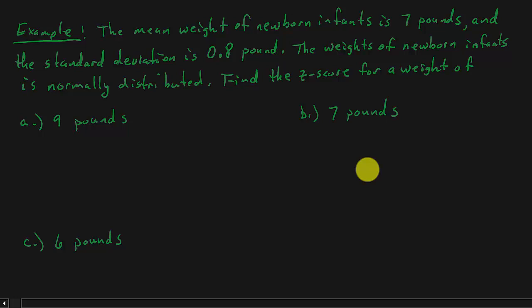That's all, okay? And you might be thinking, well, I'm just converting it to a z-score, what is that doing? Well, you're finding how many standard deviations that is away from the mean, but this is going to be part of the process for the next lesson of solving these normal distribution word problems.